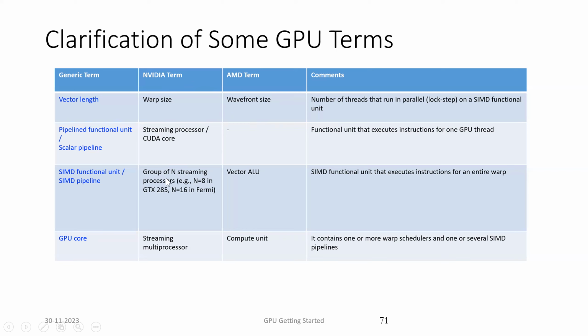A group of streaming processors forms our SIMD functional unit in NVIDIA, but the same thing is referred to as vector ALU in AMD. In NVIDIA we have SMs, and in AMD, we have compute units, CU.